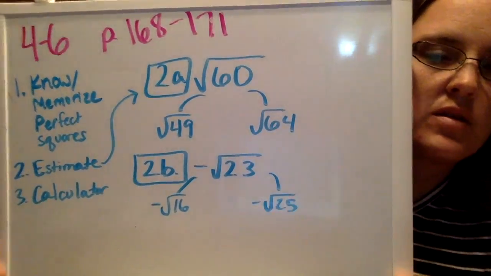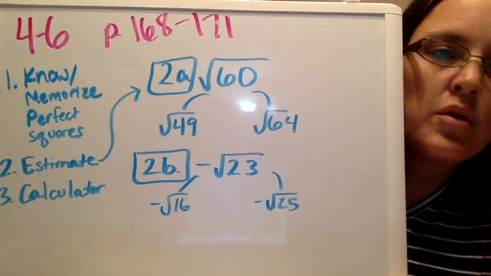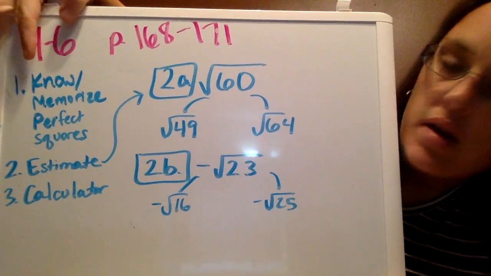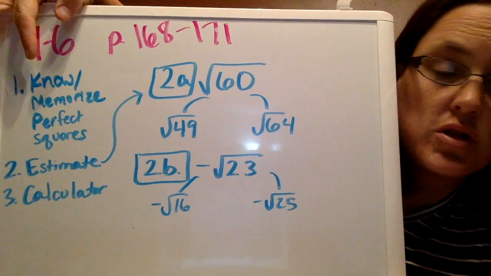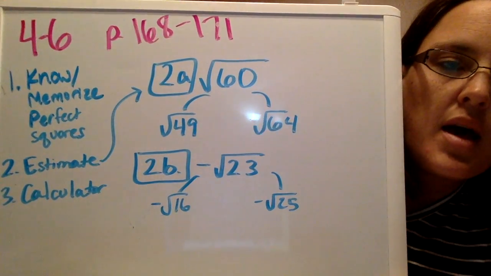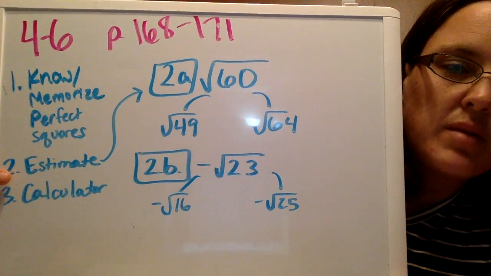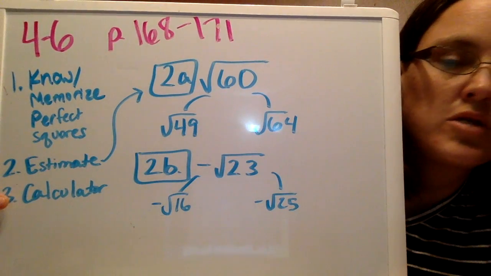So for example 2 on page 169, we're looking at a different strategy for finding the square root. In the first example, we were utilizing our memorization skills to just know those perfect squares. For example 2, we're going to be doing some estimating and then using a calculator to check.